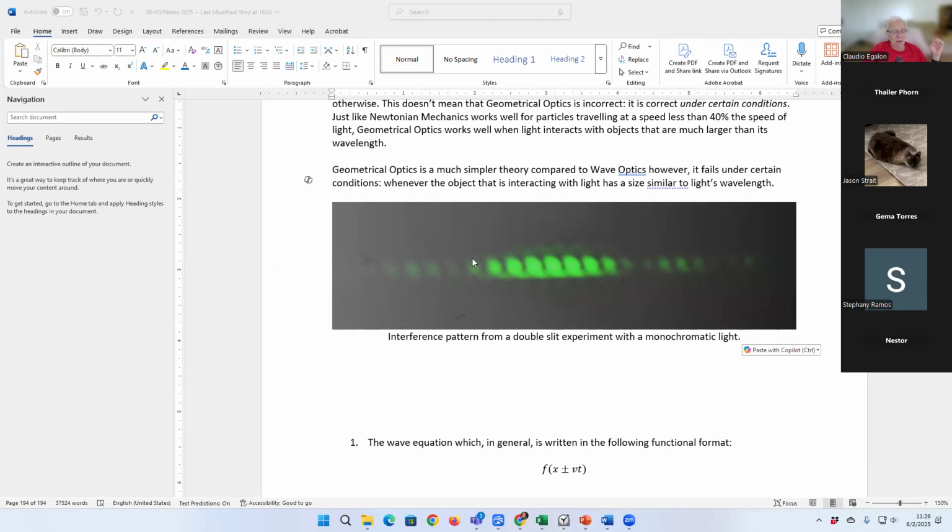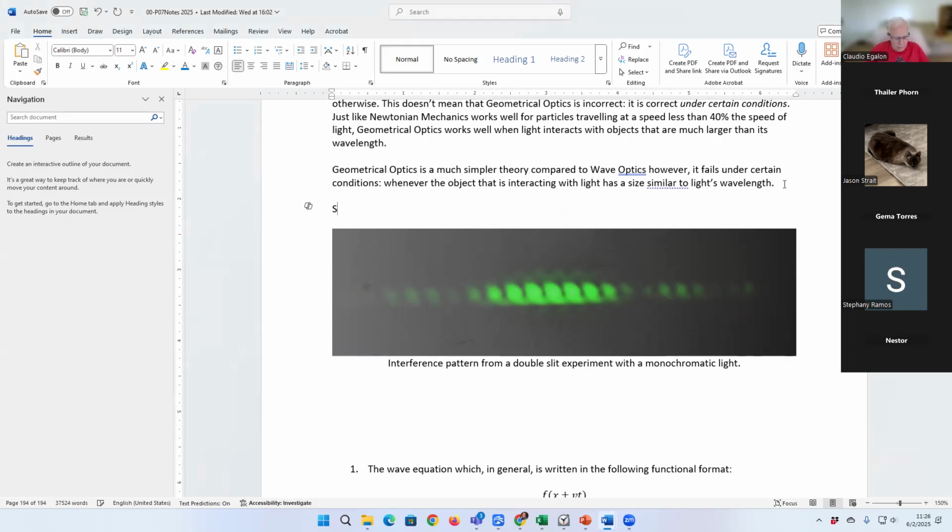This type of behavior is typical of a wave, okay? If light were to behave just like a particle, you wouldn't observe this many bright spots, you would observe just two bright spots because you have two slits in there, okay?